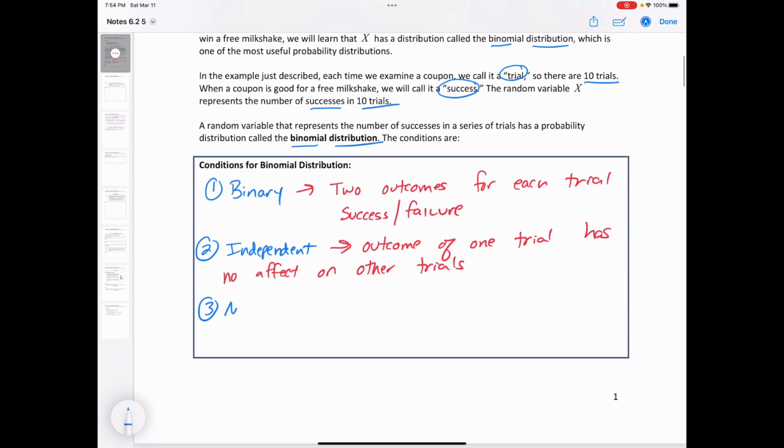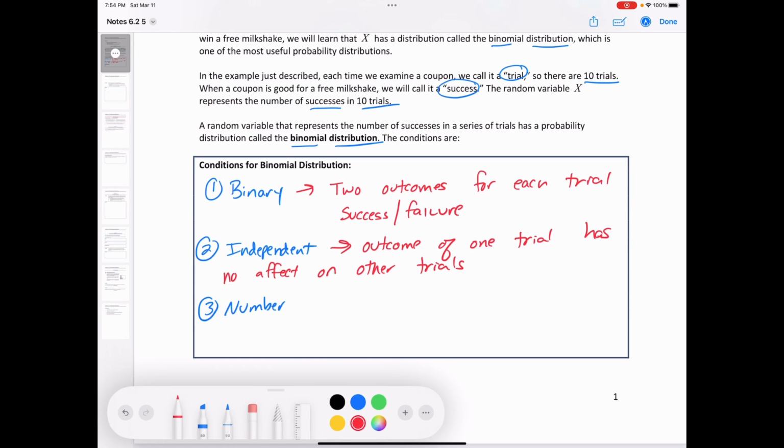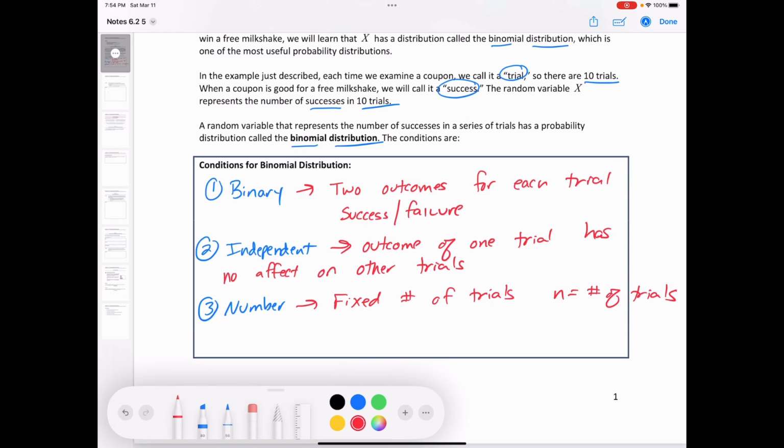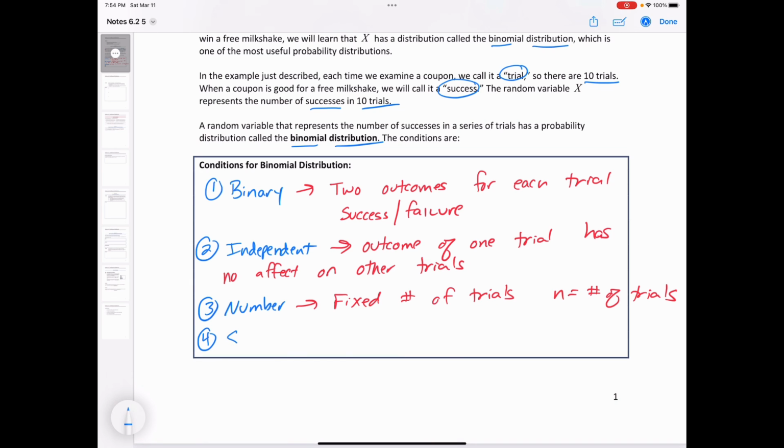For 3, it's number. You have to have a fixed or set number of trials. And N is that number of trials. In this problem, the set number was 10. 10 people were getting a coupon. And lastly, success.